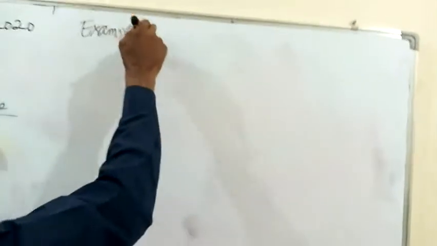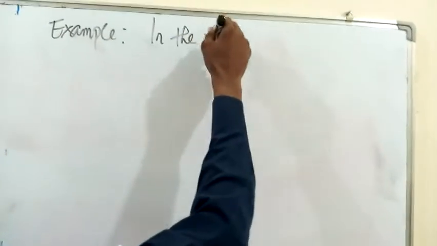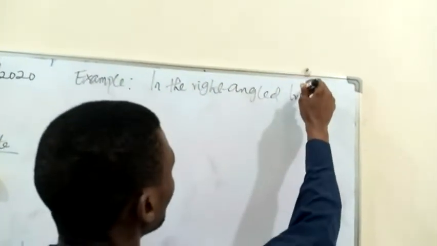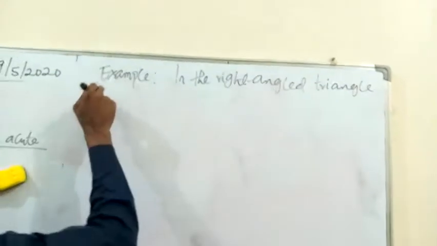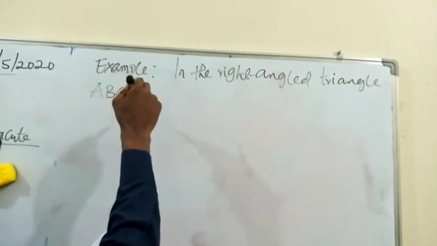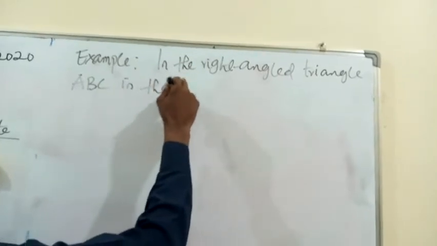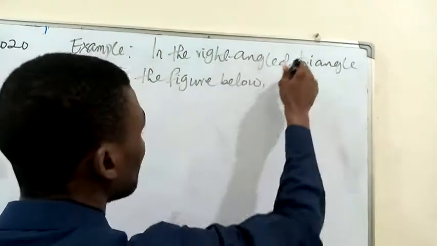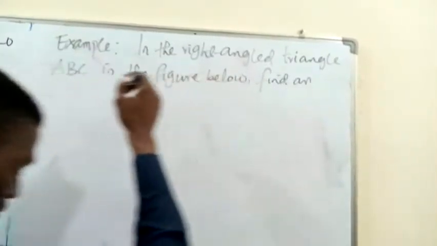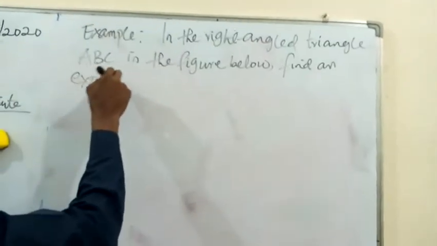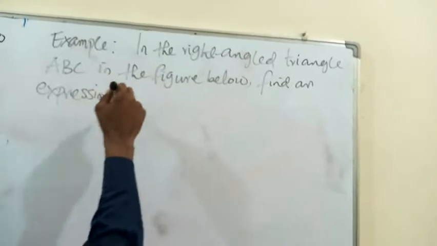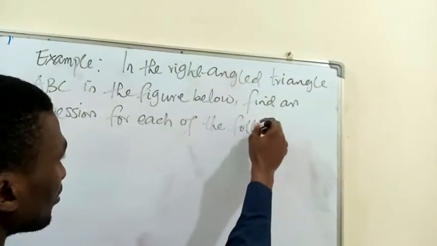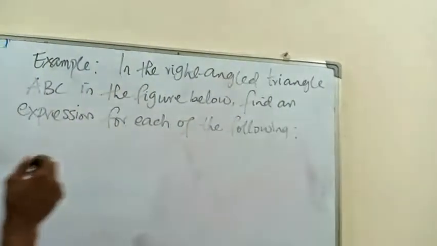Example: in the right angle triangle ABC in the figure below, find an expression for each of the following.